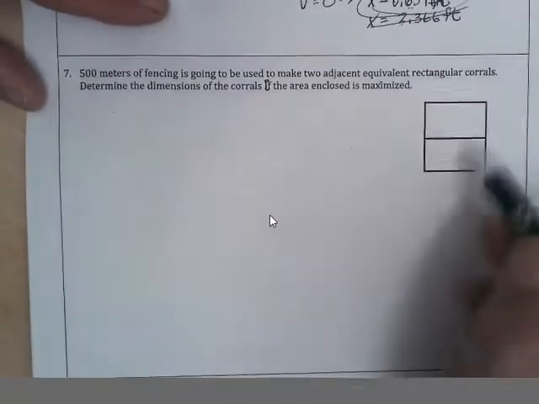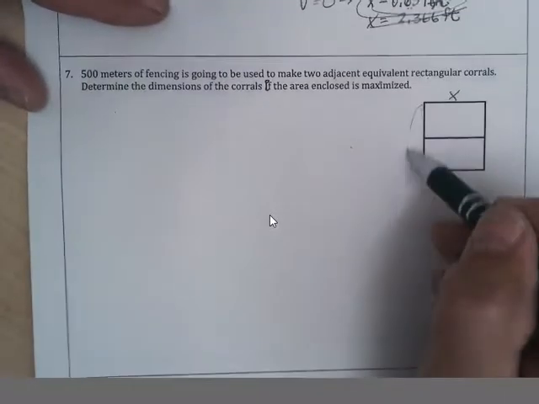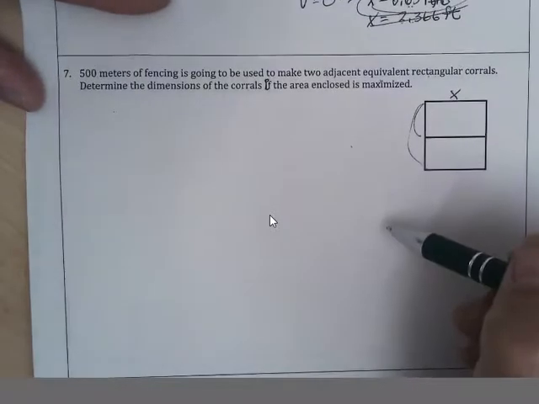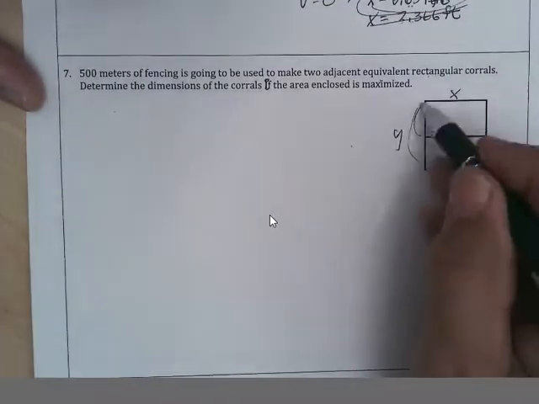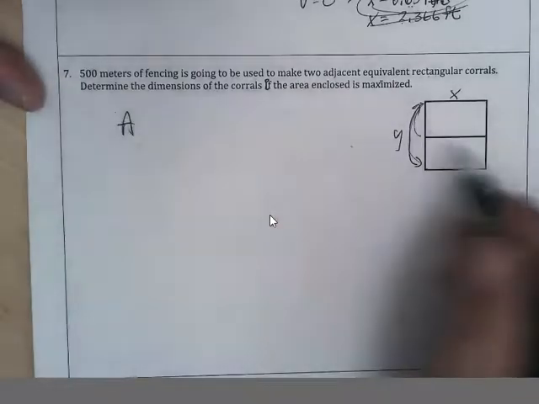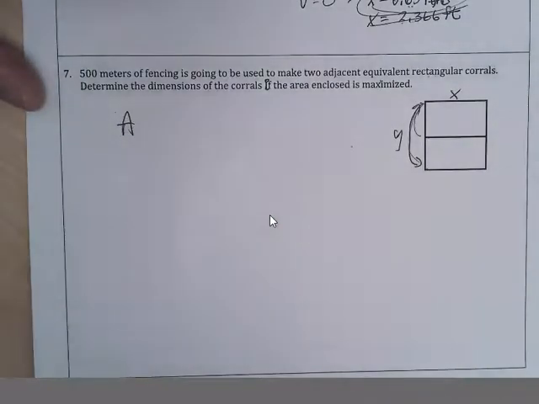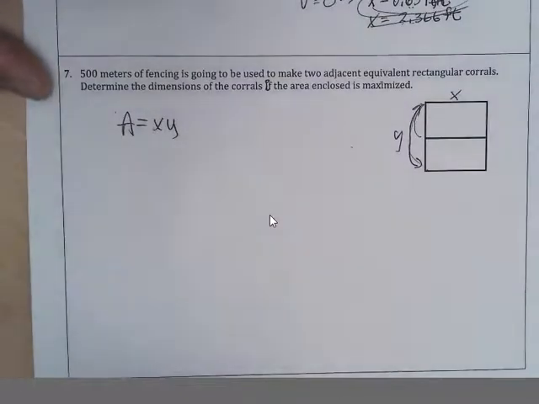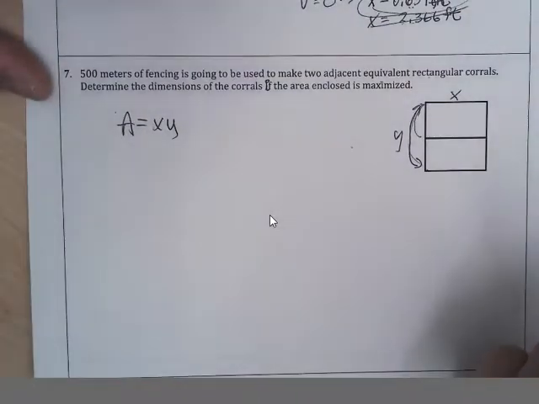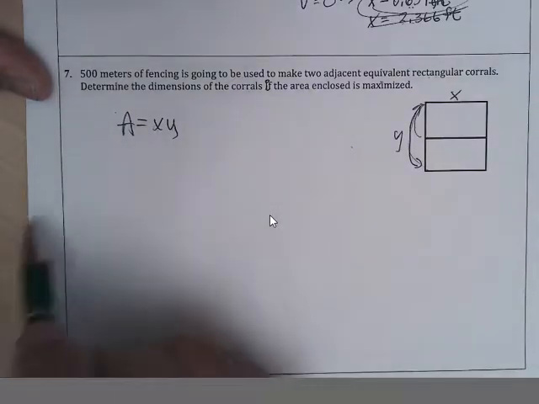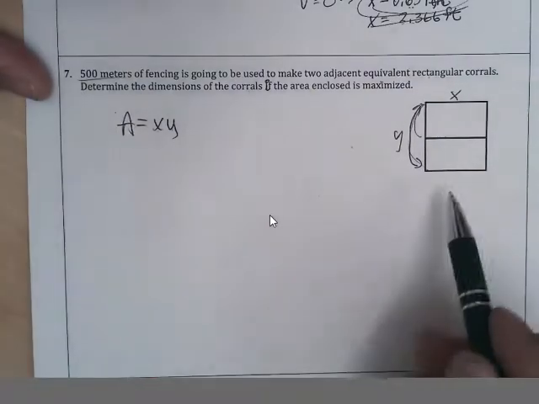So they're equivalent, so they're all the same. I'll just put X here. I can put Y for the whole thing, or I can put Y for here. Really doesn't matter. I'll put Y here for the whole thing. So the area of the whole thing to be maximized has got to be X times Y. And to maximize it, we take the derivative and set it equal to 0, get the critical values, but there are 2 variables. 500 meters of fencing.